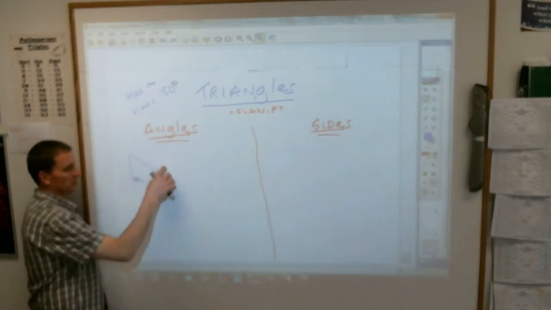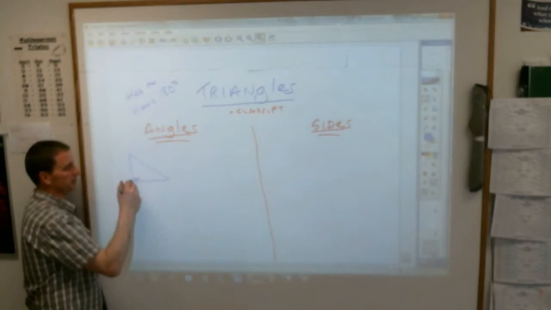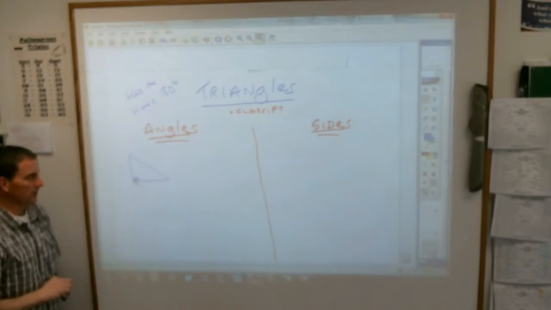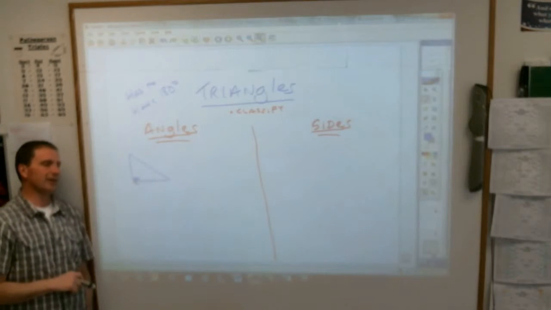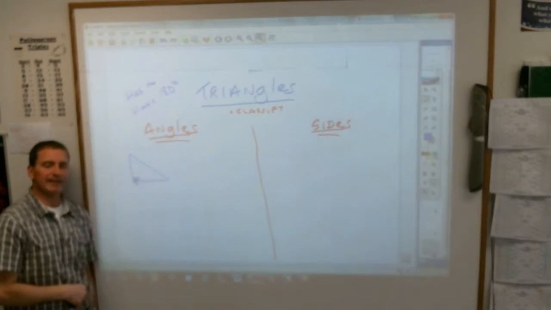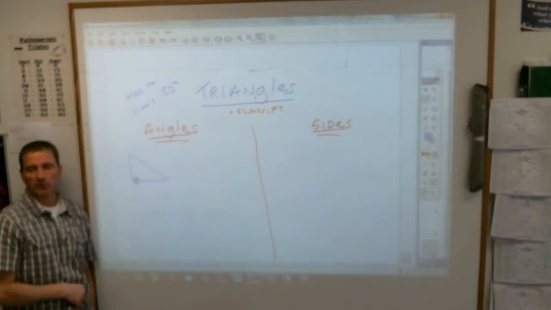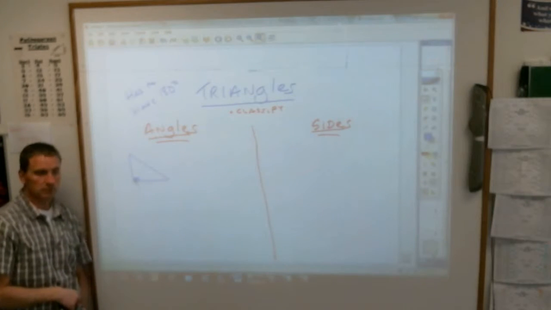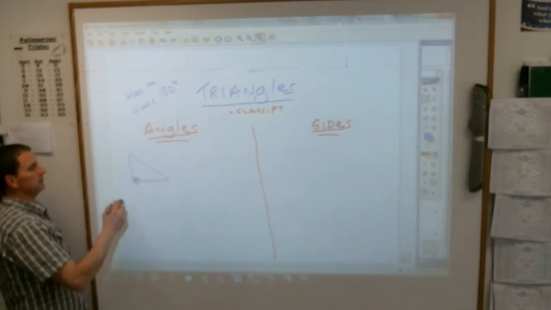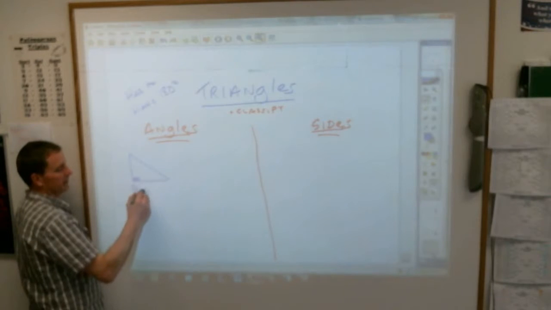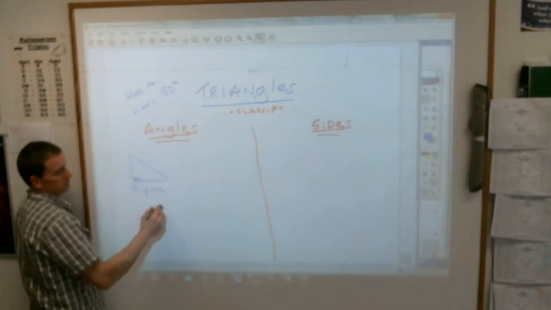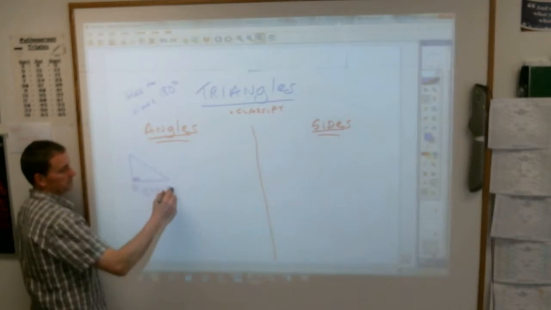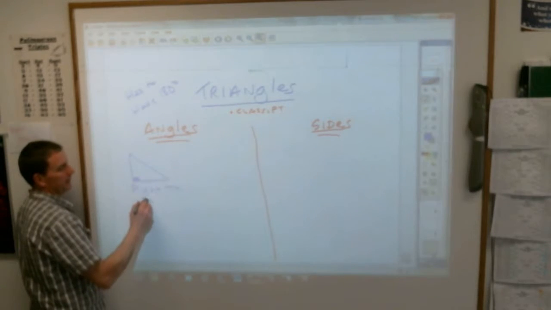So the three angles of a triangle always add up to 180 degrees. Anybody care to speculate what the name of a triangle that has a right angle in it is? It's very creative, whoever thought of it. Jules? All right. It is, believe it or not, a right triangle. It has one right angle.